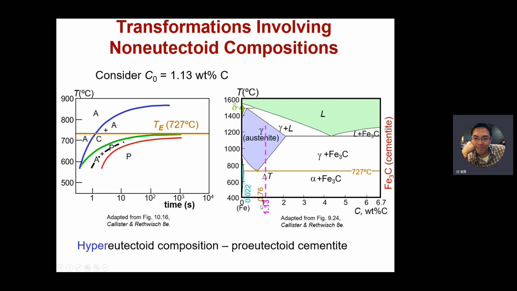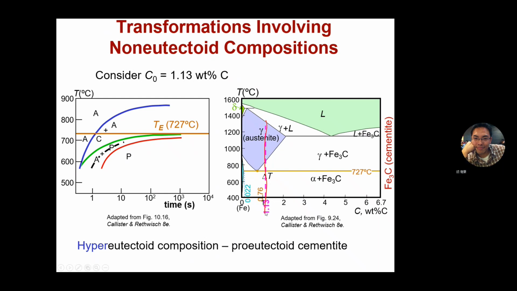Say, for example, we have the composition of 1.13 weight% of carbon right here, right? Of course, we can plot its rate of transformation versus temperature and convert this figure to the TTT diagram.